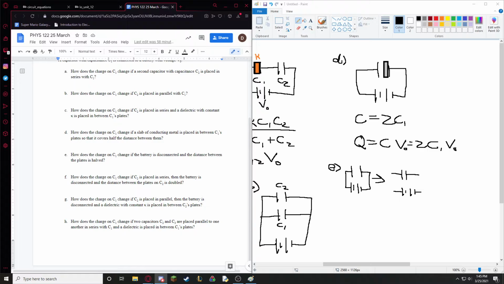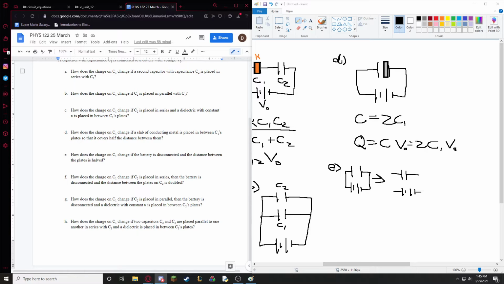All right, so we're disconnecting our capacitor and then moving the plates closer together. First of all, is the charge going to change at all? No, the charge stays constant since the battery's disconnected. Exactly. Battery's disconnected, so the charge has nowhere to go, and so it can't change.